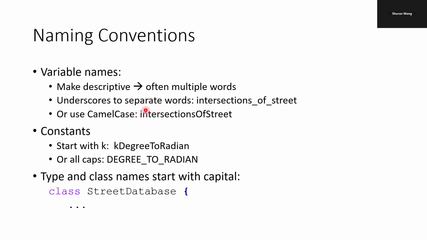All the variable names you are given should follow the same convention, the same as constants. Choose between starting with a K or all capitals. Be consistent. Type and class names should start with a capital and follow camel case.